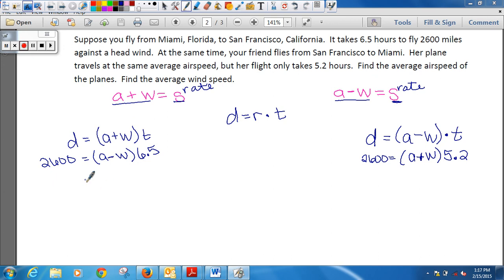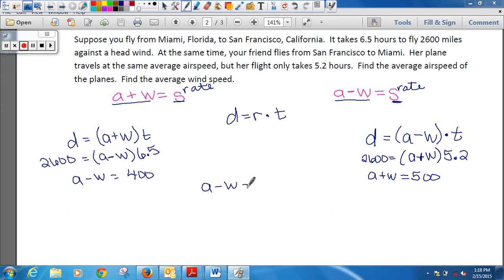Okay, so then, if I go ahead and I simplify this out, we have a minus w is equal to 2,600 divided by 6.5, which is 400. And over here we have a plus w is equal to 2,600 divided by 5.2, which gives me 500. And now I can have my system here.